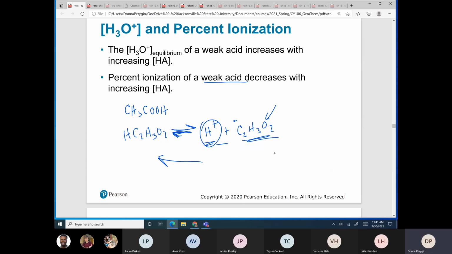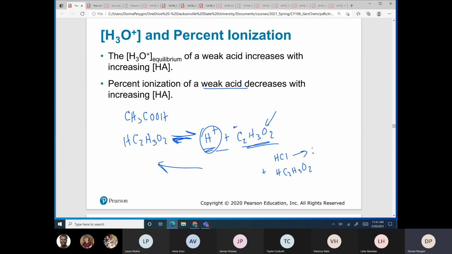So if you have something like HCl, hydrochloric acid, and you put that in with acetic acid, this is a strong acid, so you're going to get all H+ plus Cl-. You're going to have so much H+ hanging around that it's going to shift the dissociation of the weak acid back in the reverse direction, back towards starting materials.